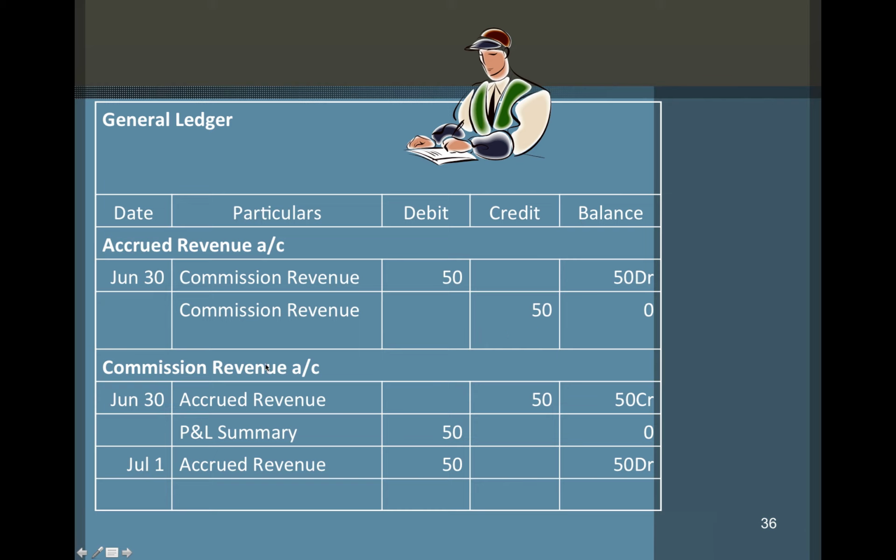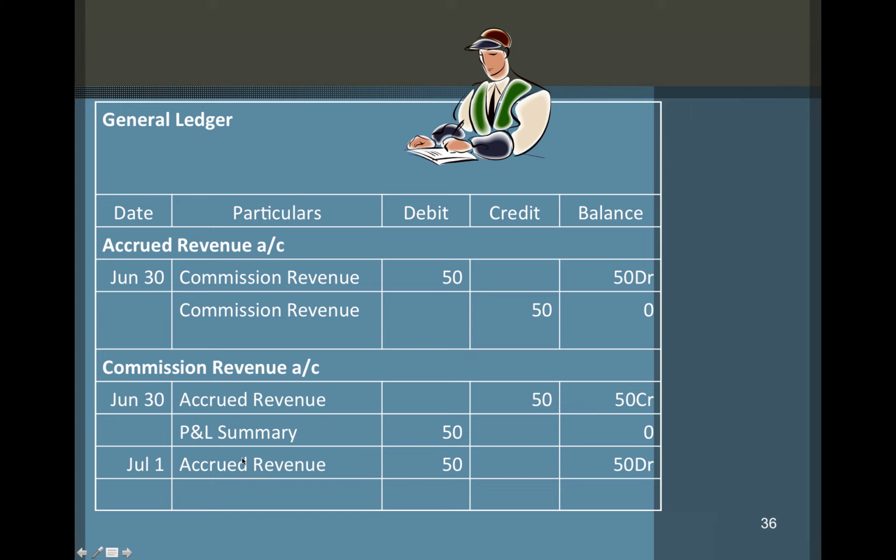Commission revenue account, you'll recall that the adjustment increased the revenue account by $50. It would have been closed off at the end of the accounting period to P&L summary, and now the reversing of it, here we have the account being debited by $50. And that's the case because that $50 was earned in the previous accounting period.